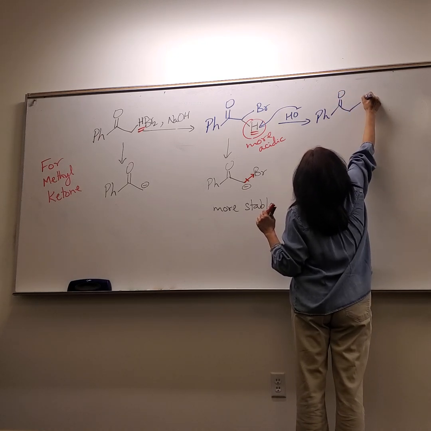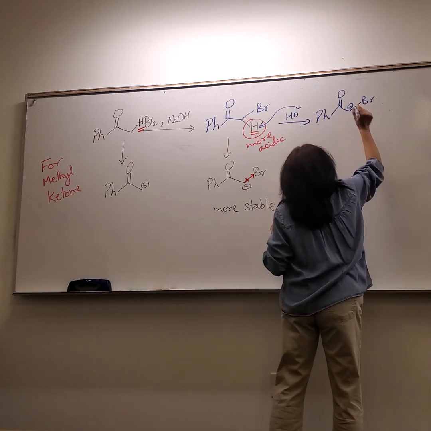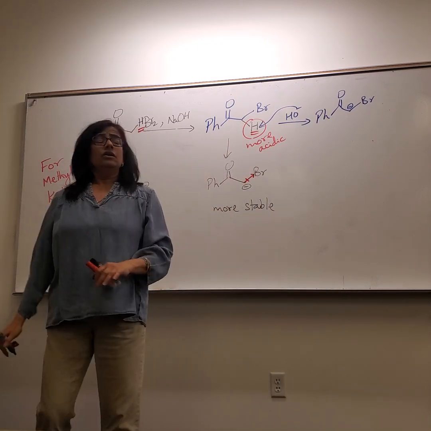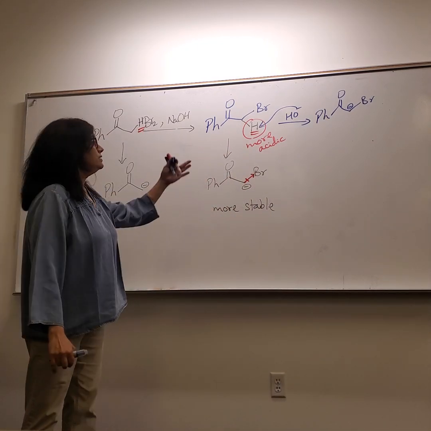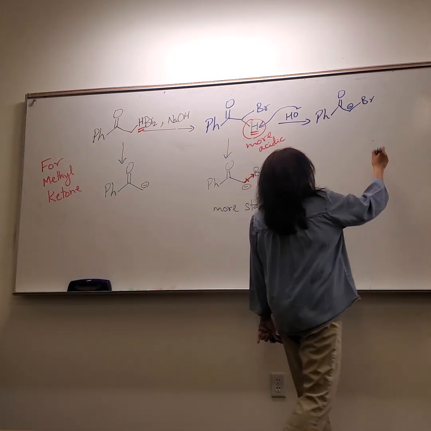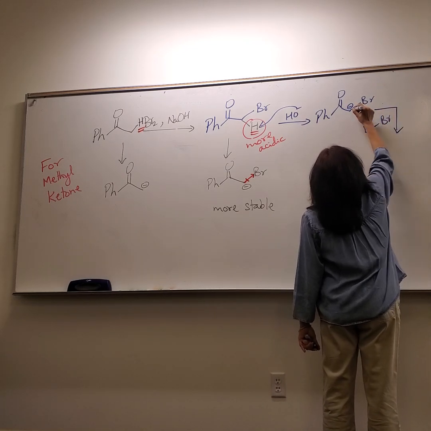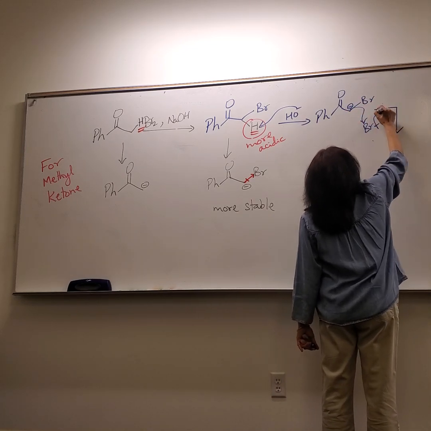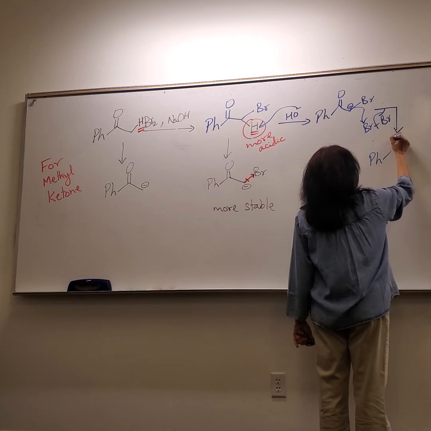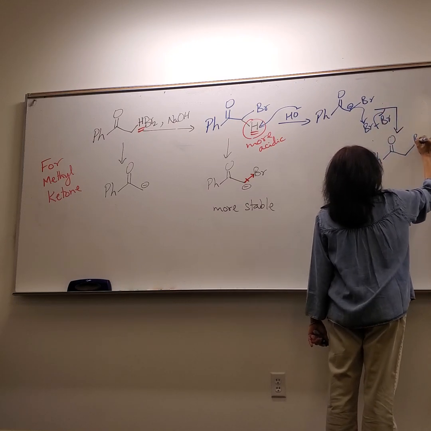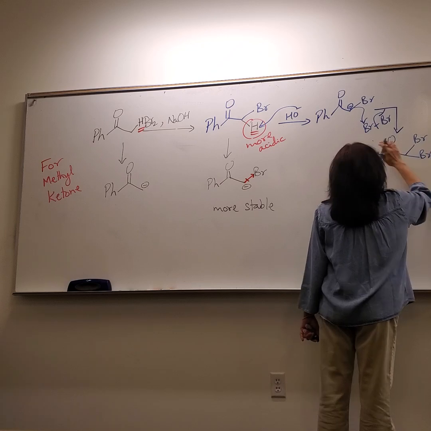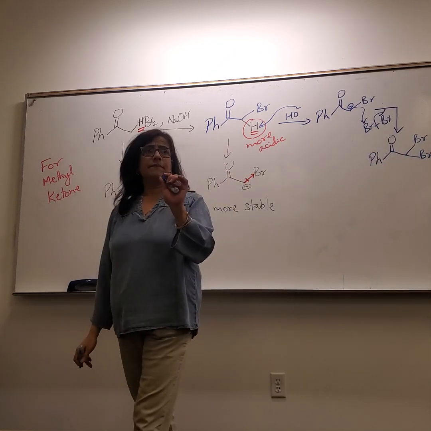I'll just use this resonance structure for everybody to see. Agreed? As soon as it's created, what will that do? Get another bromide. React again with bromine and give us what? Alpha dibromoacetophenone. Agreed? Everybody sees that.